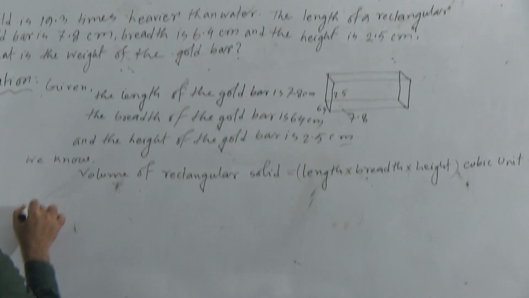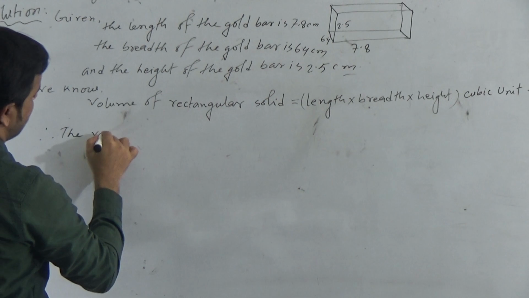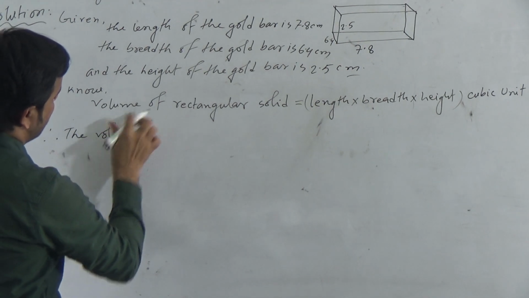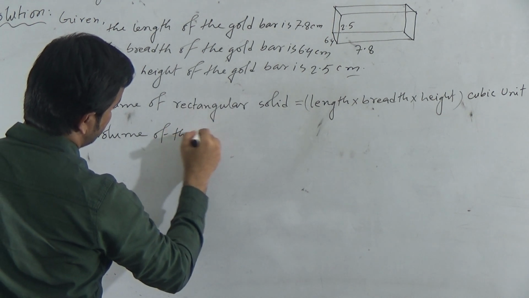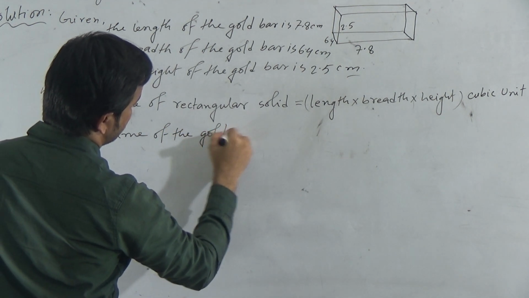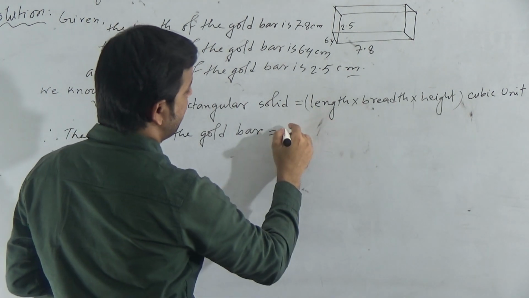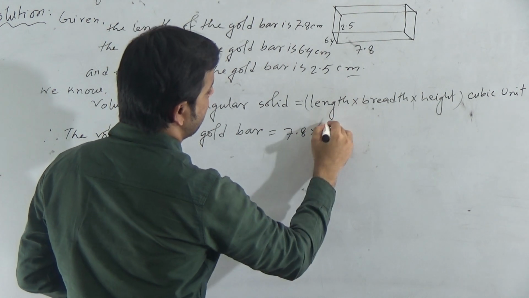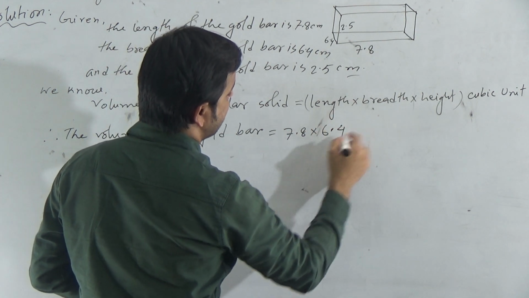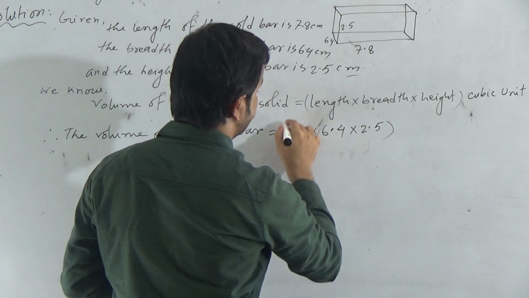So we can write, therefore the volume of the gold bar, it means that we have to multiply 7.8 means length, 6.4 means breadth and 2.5 means height.